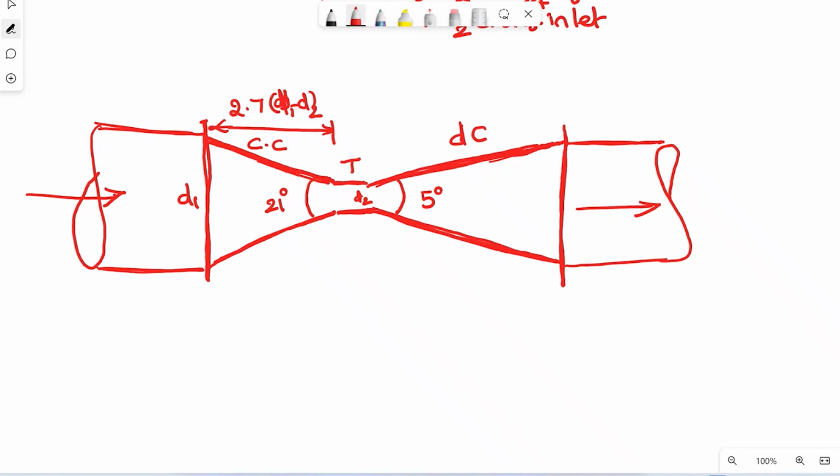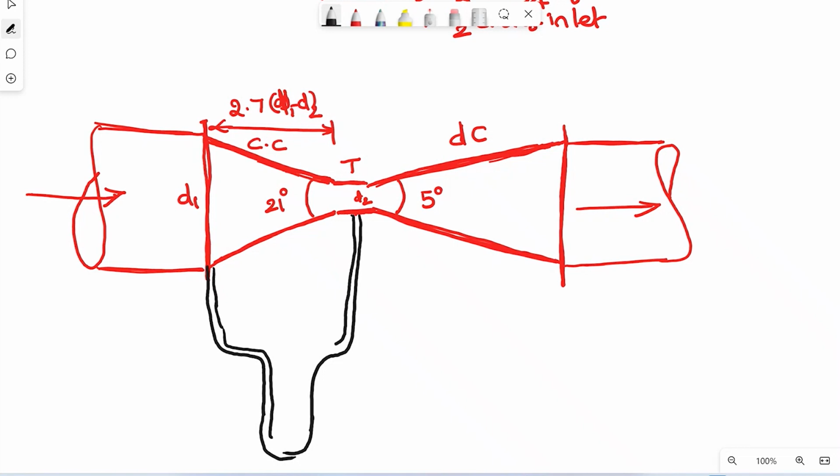Now what we are doing, connecting the inlet and the throat by a differential manometer.